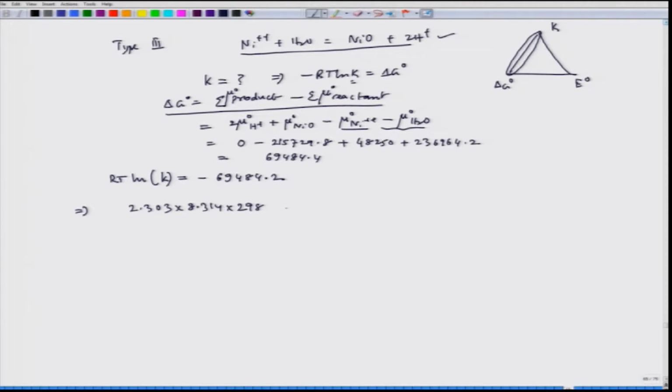Since we are considering 25 degrees Celsius, this is the R value, the universal gas constant, and log, since we are converting ln to log.